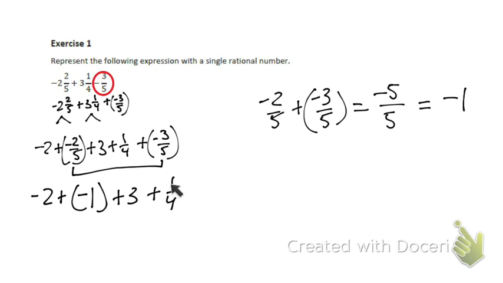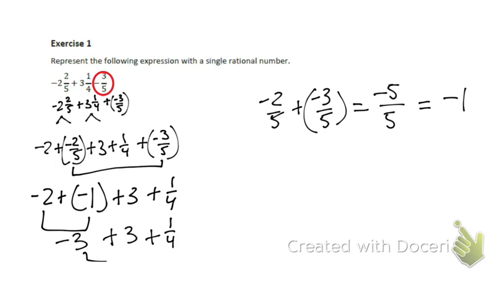We can deal with that fraction at the end. Let's combine these two. What's negative 2 plus negative 1? Once again, they're the same sign, right? So you combine. Nice little rhyme there: same sign, combine. 2 plus 1 is 3, but since they're both negative, you get negative 3. Then bring down the other 3 and bring down that 1/4. We haven't done anything with it yet, so we have to bring it down.